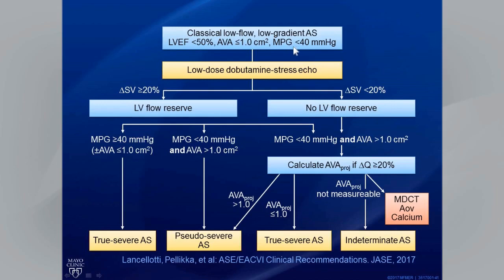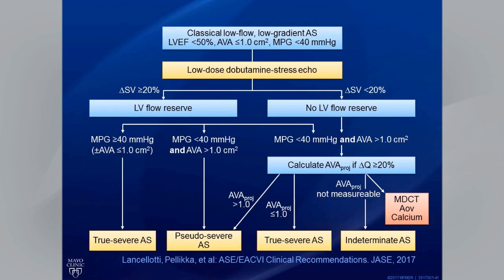And we're trying to sort out whether this indeed is severe aortic stenosis. So with low-dose dobutamine, we try to get the stroke volume to increase to more than 20%. If we can achieve this increase, then we also look for an increase in the mean pressure gradient. We will recalculate the aortic valve area under different hemodynamic circumstances.